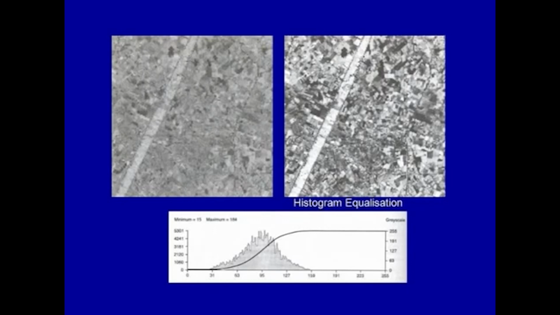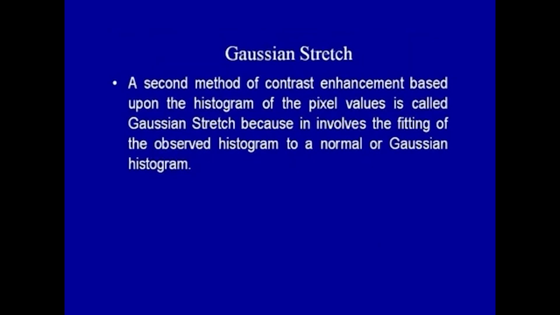Here, no such phenomenon has happened. However, the varying degree of moisture present in the farmlands has been more exemplified and provides better information to the analyst. We now look at the next non-linear method, which is the Gaussian stretch.